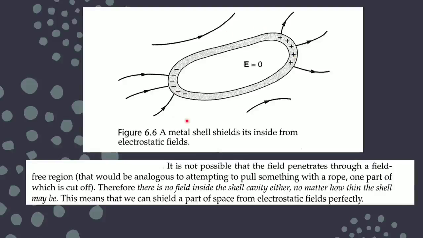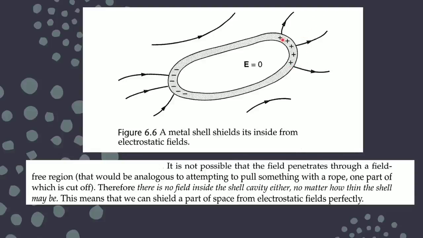Again, another way to show you the same thing: here I have a metal shell which is shielding the inside. Whatever is to be kept, we can keep it here because the electric field will be 0. But even if I put it in the uniform electric field, the field lines will get transformed according to the induced charges and they will always be perpendicular to the surface.